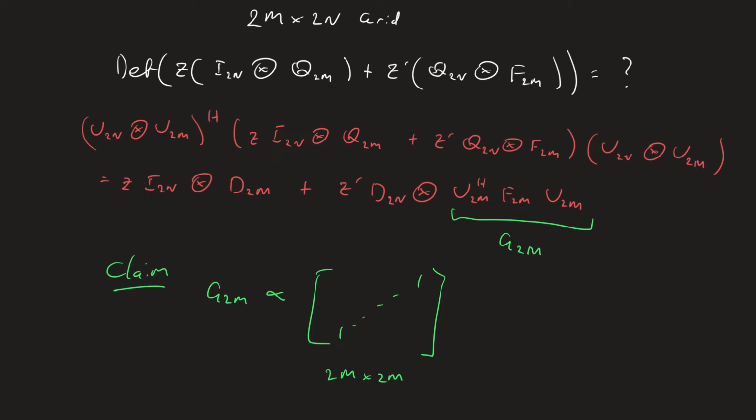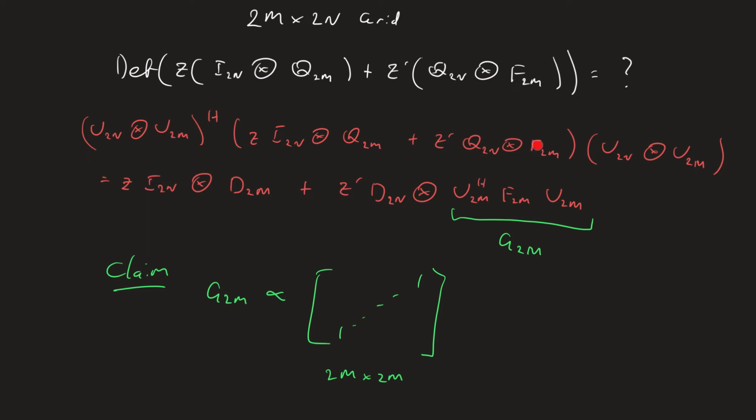So we have the identity matrix here, Kronecker-producted with, for this term here, U2m Hermitian transpose times Q2m times U2m. We know that U Hermitian transpose QU is a diagonal matrix whose diagonal elements are just the eigenvalues of Q, and we denote that matrix by D.